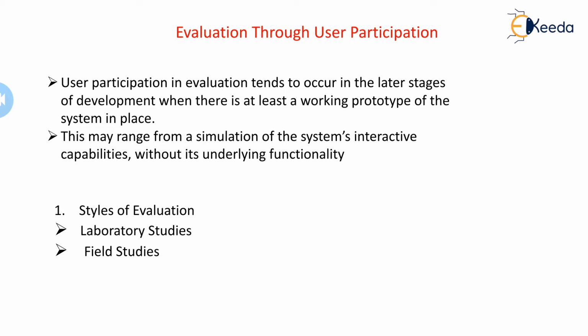Then there are styles of evaluation. You have laboratory studies. In labs, when you run the experiments, you think of the results, the outcome. So users are taken out of their normal work environment as part of a controlled test, especially in a specialist usability laboratory.